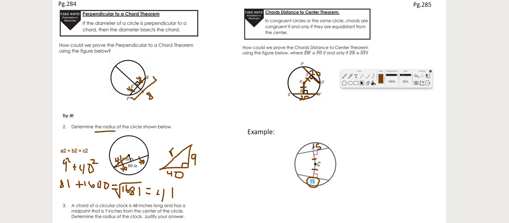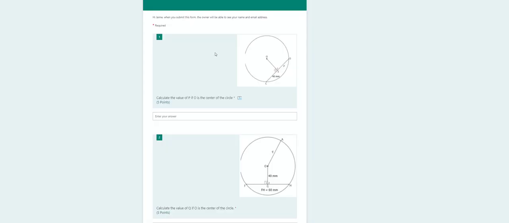All right. So now let me take you to the classwork just to help you out a little bit. And be very careful. There are only 4 questions. Make sure you read them carefully. Number 1 says calculate the value of P if O is the center of the circle.